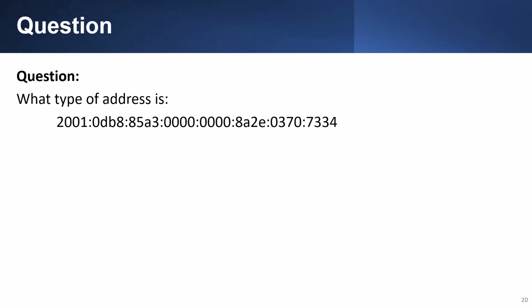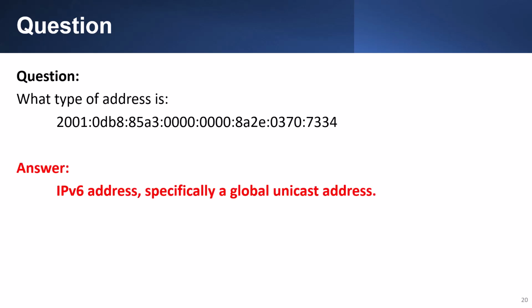Question: what type of address is shown on the screen? Answer: IP version 6 address, specifically a global unicast address.